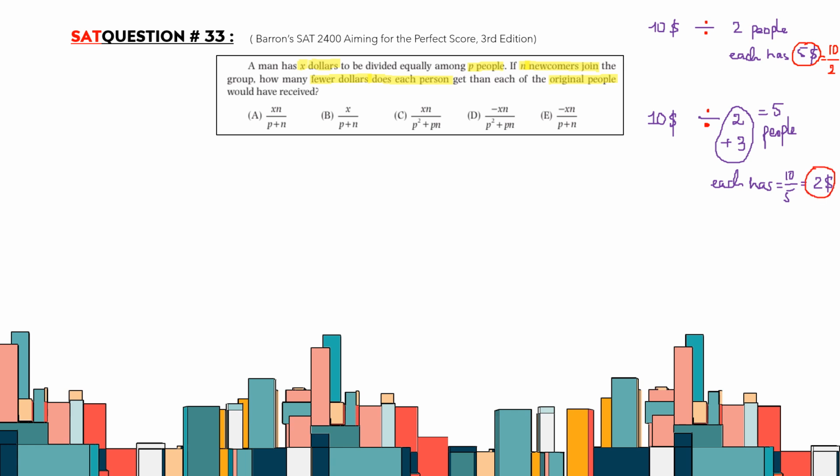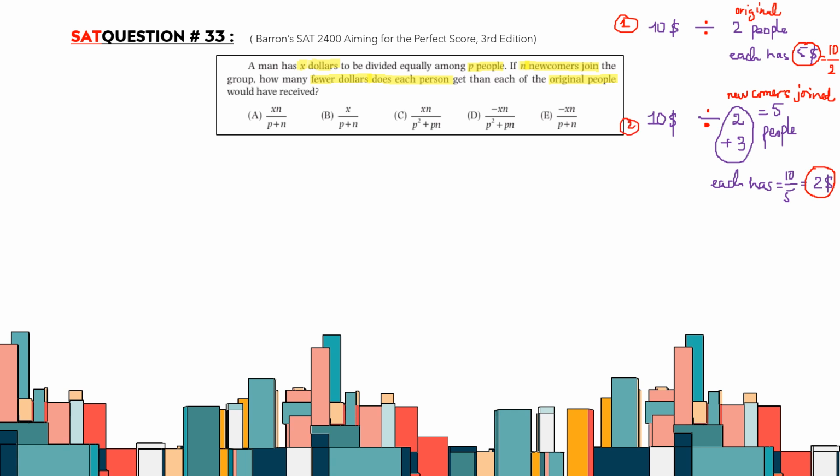Now, in this case, the original number of people is 2. This is after adding, so this is when the newcomers join. So we compare. In the original, each person received $5.